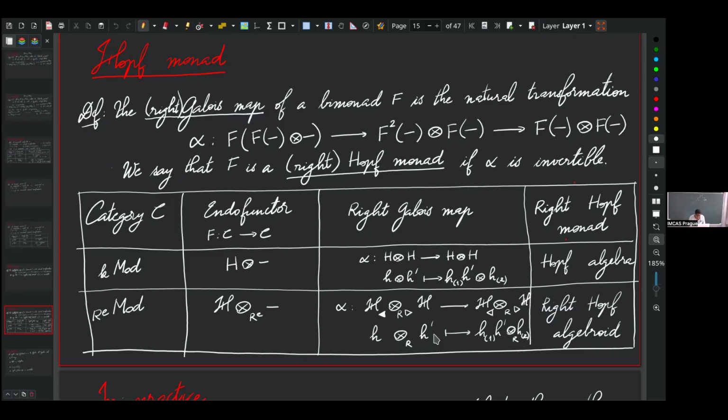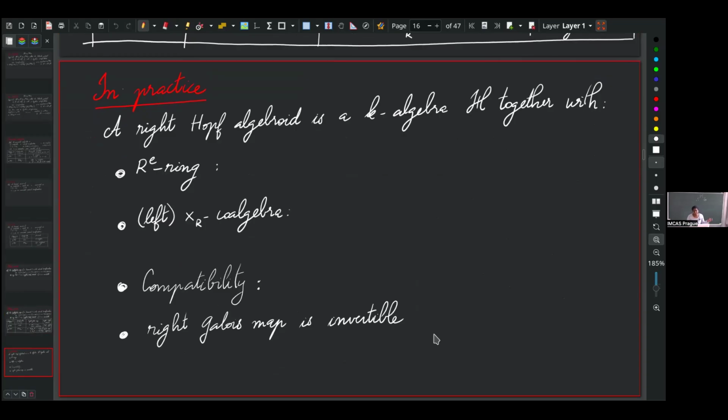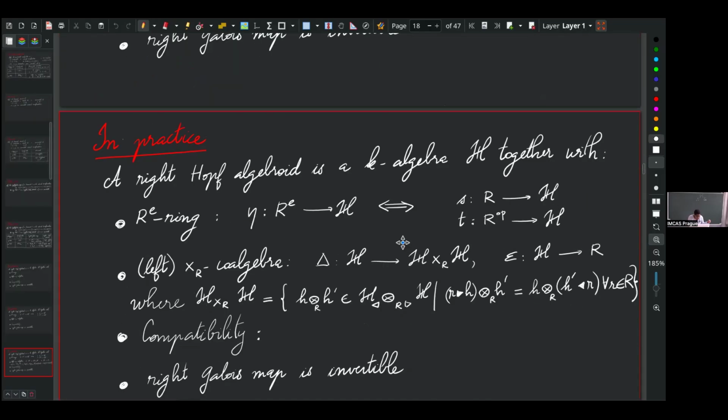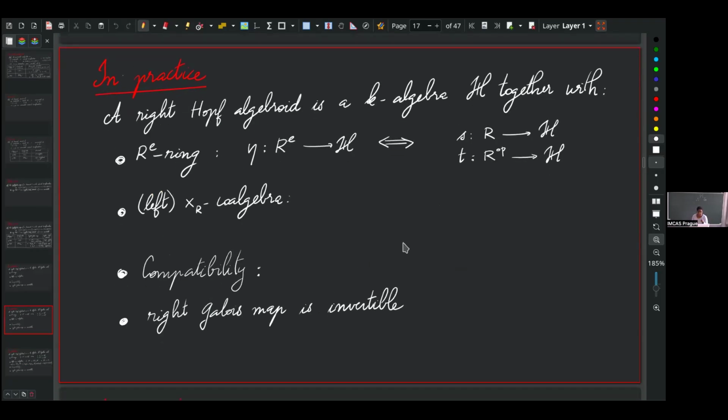Okay. So with this we are done with the definition of a Hopf algebroid, and I will recall all the structures once more. So in practice, a Hopf algebroid is some K algebra H together with an RE ring structure, which is given by the unit, or equivalently by two maps, which are respectively called the source and target map.